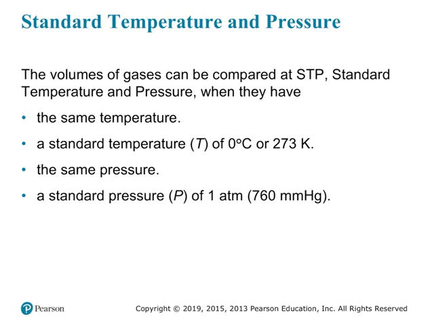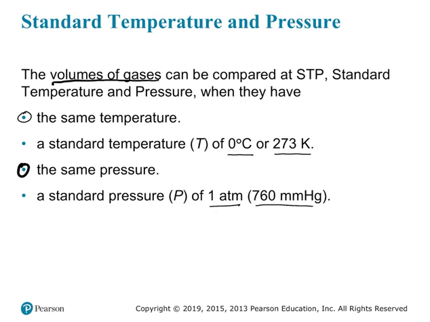So what's really interesting is that we can compare the volumes of gases at standard temperature and pressure when they have the same temperature, and that temperature is going to be what's called the standard temperature of 0 degrees Celsius, or 273 Kelvin, and when they have the same pressure, which is going to be a standard pressure of 1 atmosphere, or 760 millimeters of mercury. So this is a really cool fact about gases.